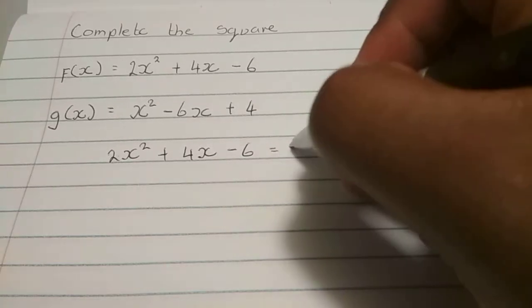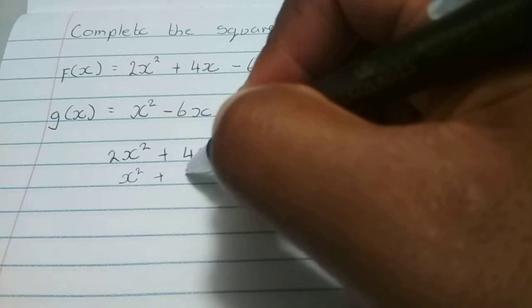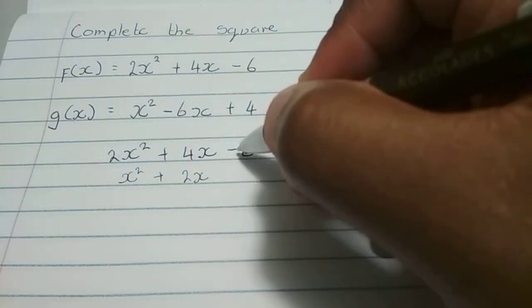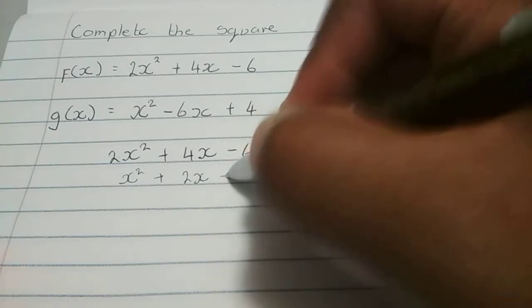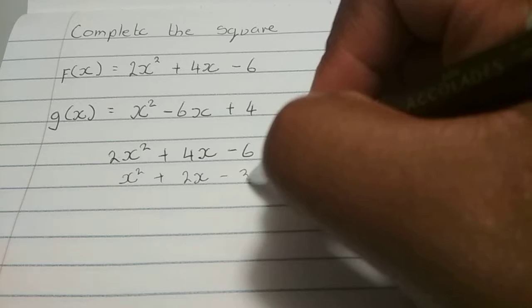Let's just make this equal to 0. Divide throughout. So 2 divided by 2 is x squared, plus 4 divided by 2 is 2x, and then 6 divided by 2 is 3.